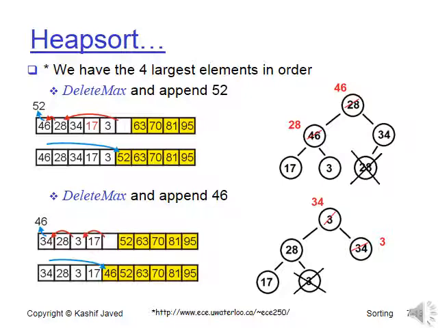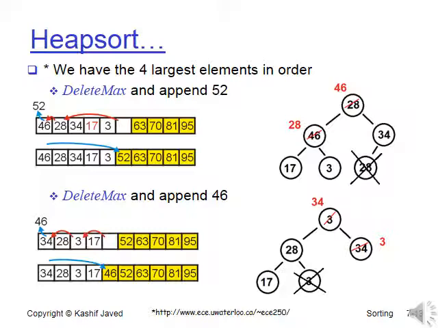Now 28 once at the root node will get swapped by number 46 since 46 is larger than 34. We repeat the process, delete max and append 46.